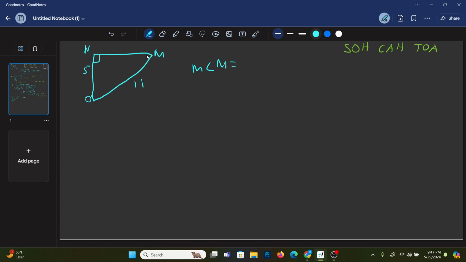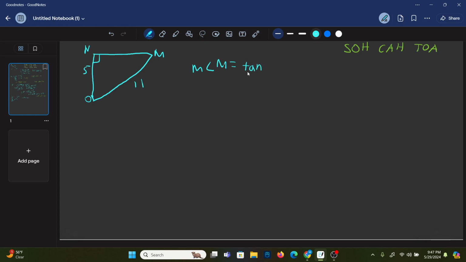So we want this angle here, and we know the opposite, and we know the adjacent. So opposite, adjacent would be tangent. So we would do tan.